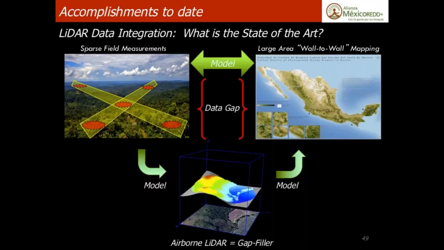So it's a two-step scaling process. Field to LiDAR, LiDAR to wherever we want to go, the globe, if you like. So that's the process. And yeah, he will fill in the details. I know there's great anticipation.